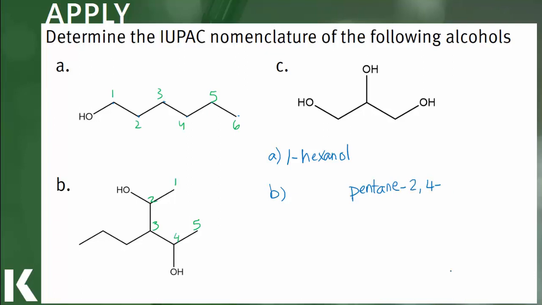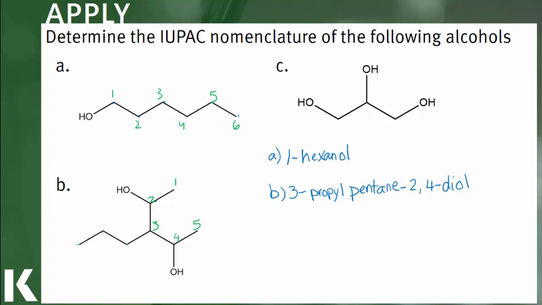And because there are 2 hydroxy groups, the ending would be diol. However, we can't forget that additional alkyl group on carbon 3. The alkyl functional group has 1, 2, 3 carbons, making this molecule 3-propylpentane-2,4-diol.